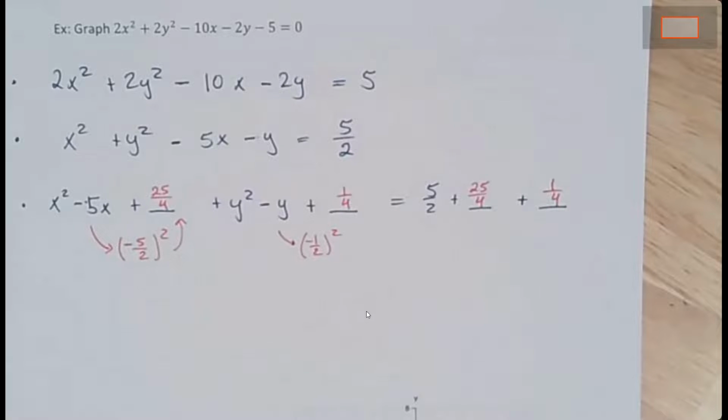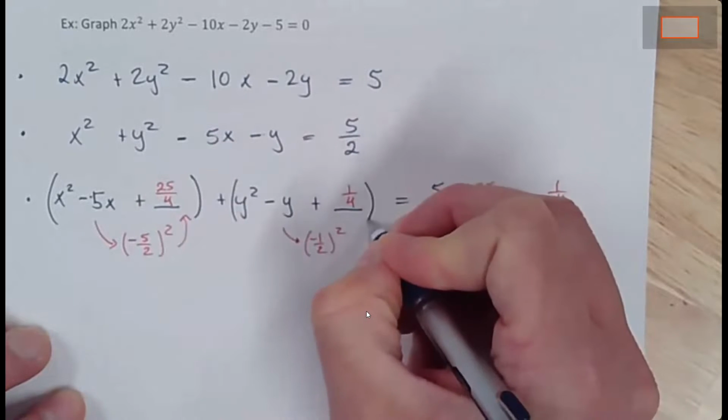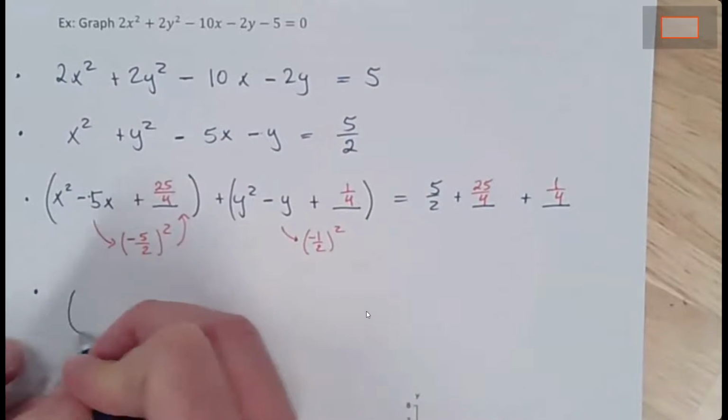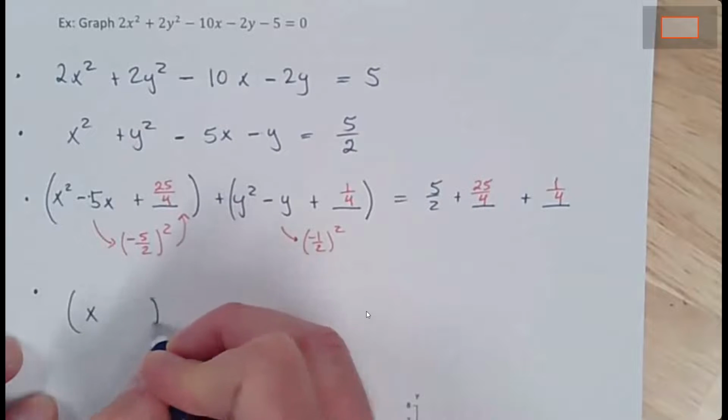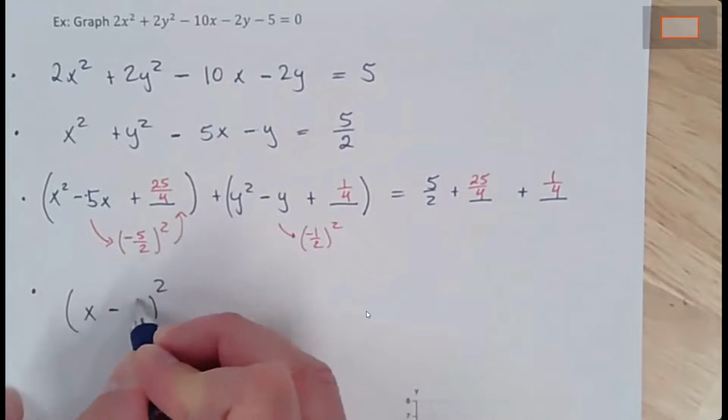All right. This is going to factor. Let me put some parentheses around it. So this is going to become x something squared. What's the thing I'm either adding or subtracting? Right, I'm subtracting 5/2.